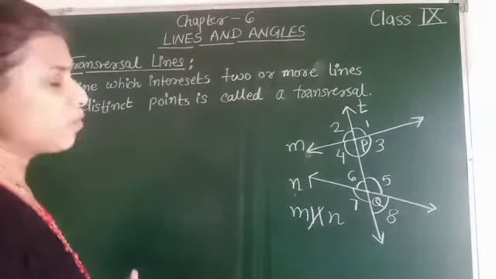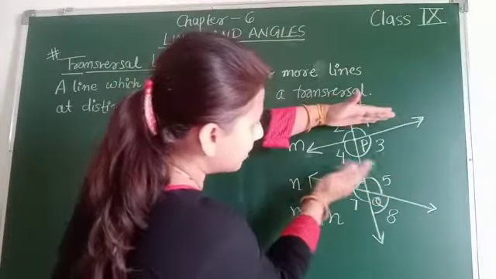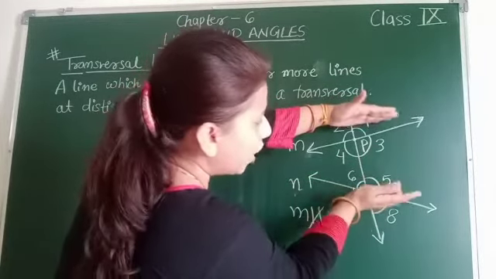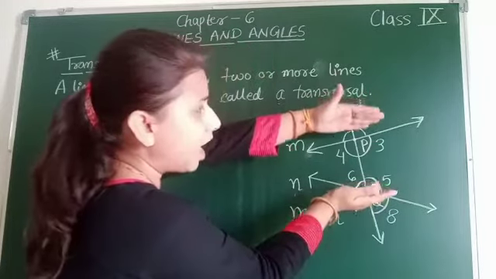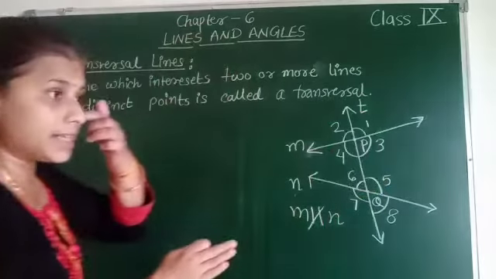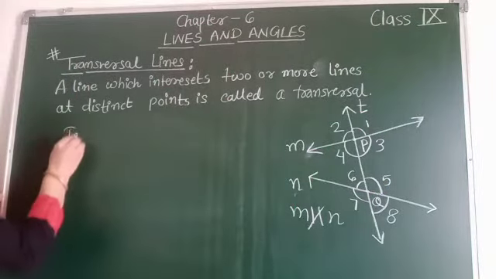Look at this diagram once again, students. Here you can see all these four angles, angle 4, angle 3, angle 6 and angle 5. All these four angles are formed inside these two lines. So these angles are called interior angles.